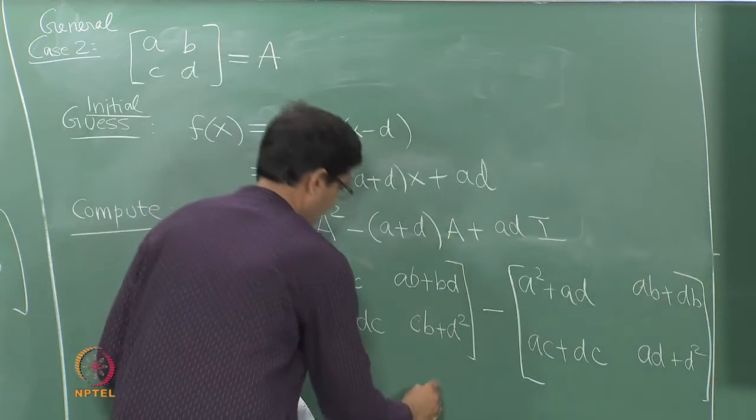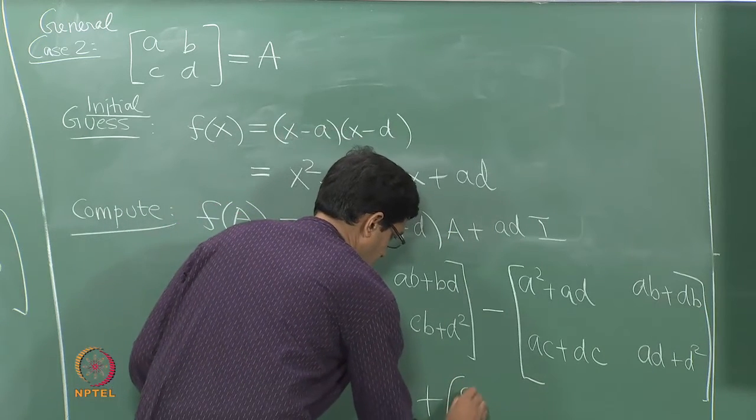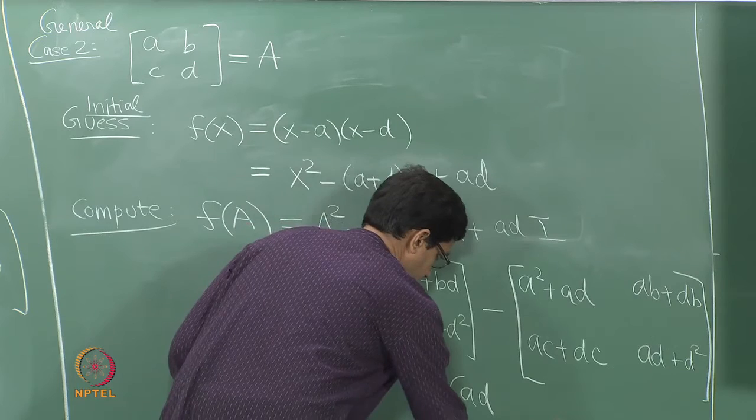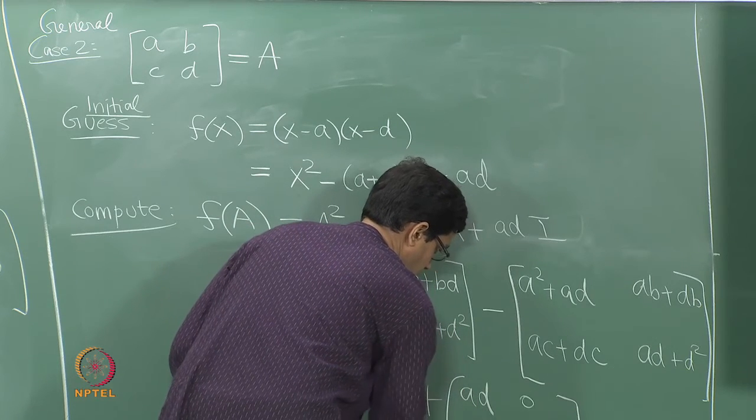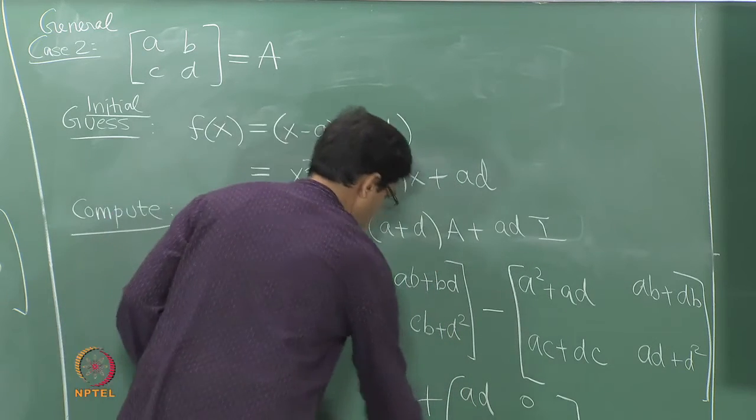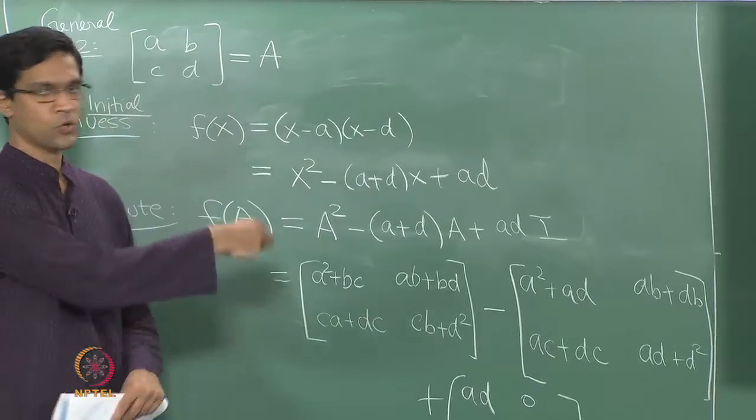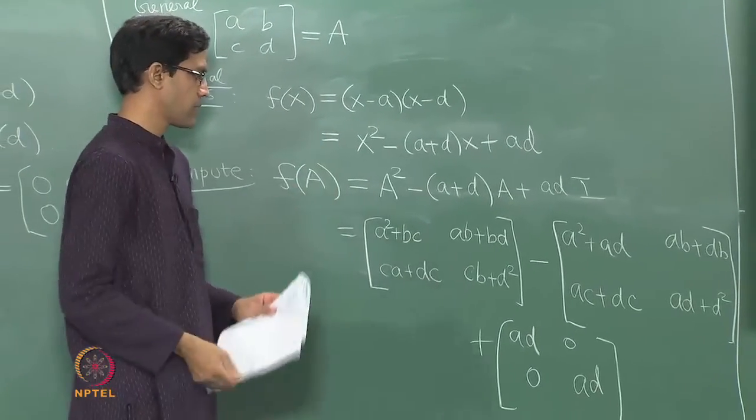And then the final term is ad times the identity, so that is just ad on the diagonal with zeros elsewhere. Okay, so I just wrote this out in full, so you can check your matrix multiplication as well.